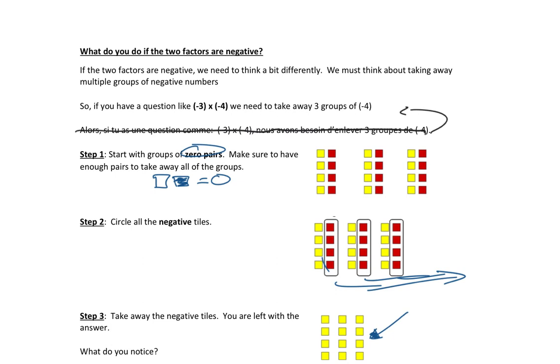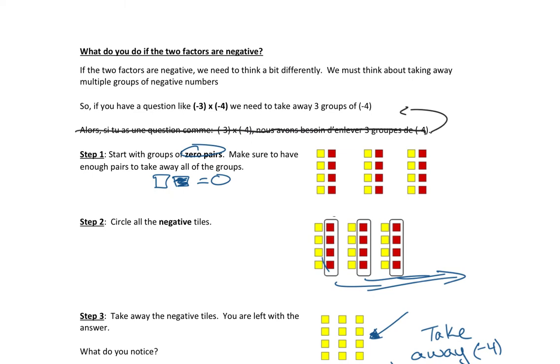So what we have is negative 3 times negative 4 gives me a positive 12, because the idea is that we must take away negative 4 here, okay? 3 times. We have to do that 3 times. So we have to take away negative 4 3 times, because it's negative 3 times negative 4. Okay, so we're going to end up with a positive answer.